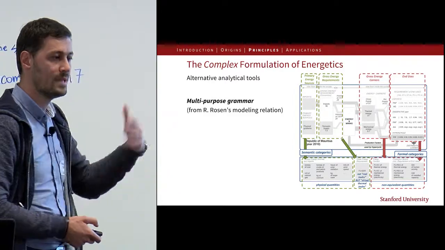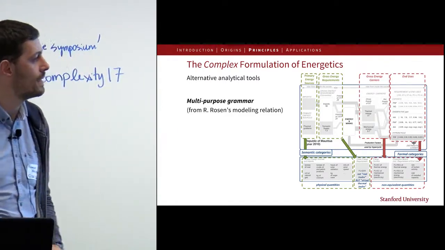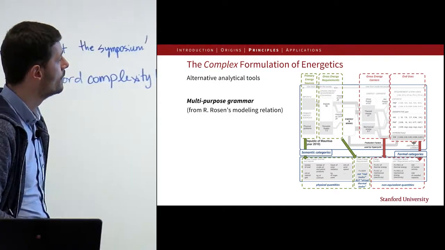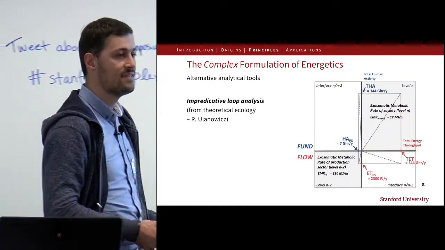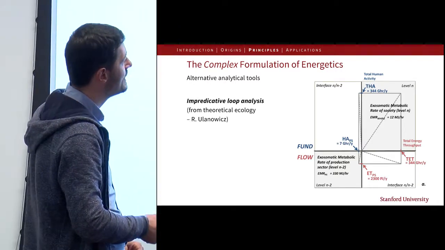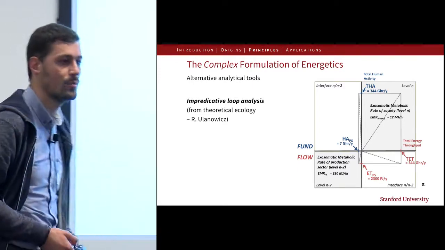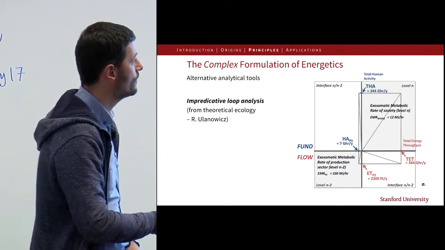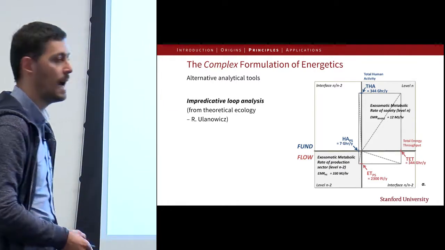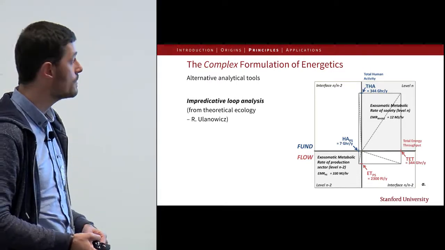So we adapt grammars to various systems, and it has also been applied to food systems and water systems. Another tool is impredicative loop analysis from Ulanovich, which is basically linking, for instance, energy to human activity, so a flow to a fund at the same scale, and we look at their metabolic rate at the total level in the society: energy use per unit of human time.